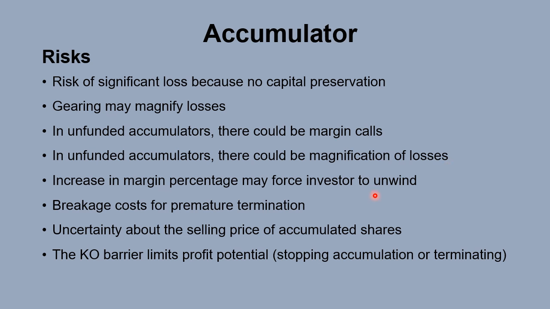Increase in margin percentage may result in forcing the investor to unwind his position. And there could be breakage costs for premature termination. There is always an uncertainty about the selling price of the accumulated shares. The KO barrier limits the profit potential by either stopping the accumulation or terminating the contract.